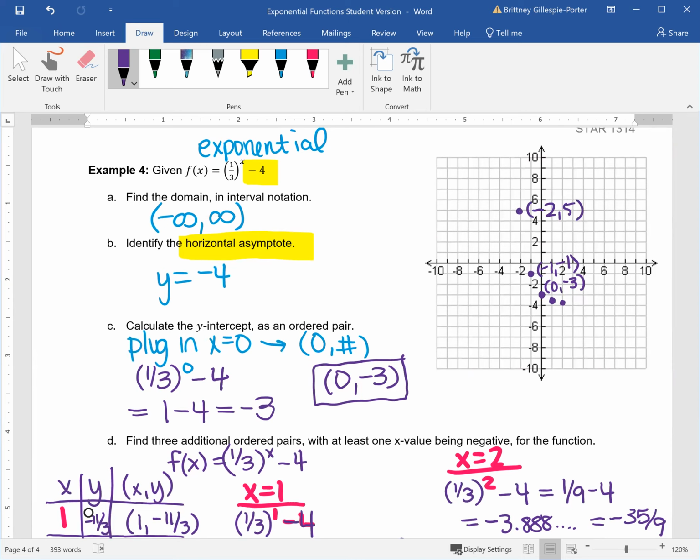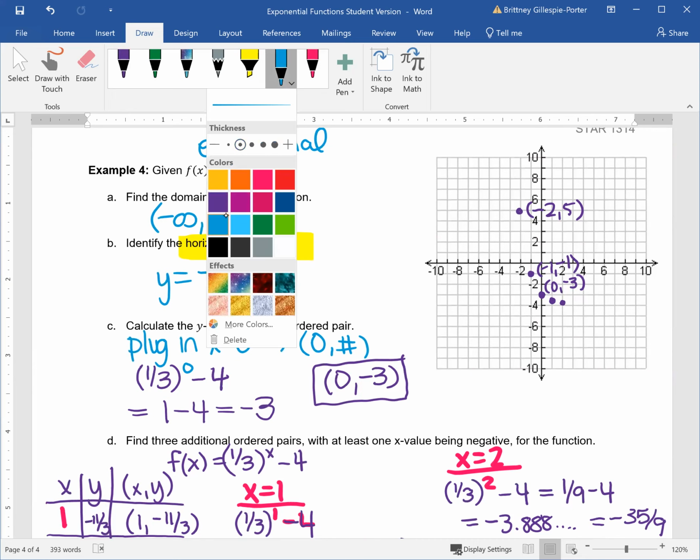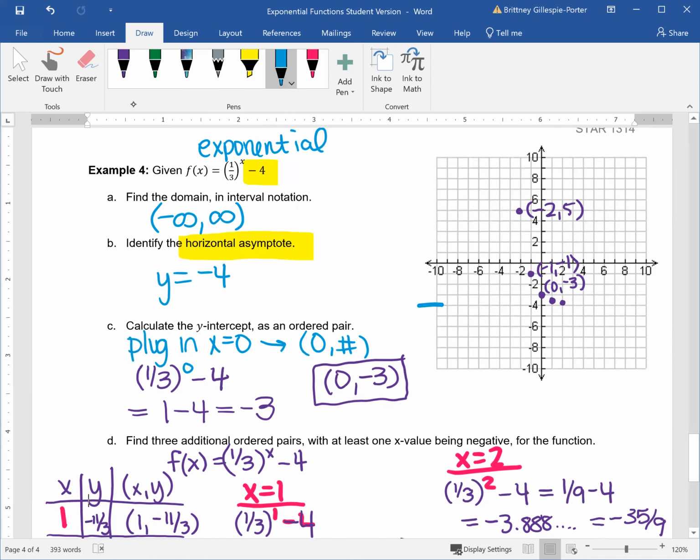Okay. We also had a horizontal asymptote of y equal to -4. So at -4, I'm going to go ahead and do my dashed line. That's my y equal -4 horizontal asymptote. Now that I have that, I can connect my ordered pairs for my graph.